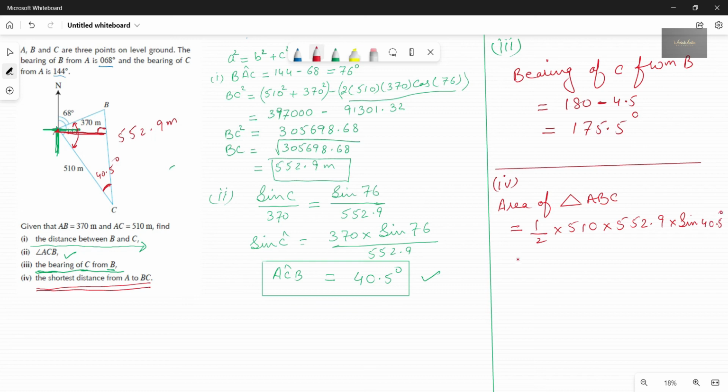Now you will use your calculator to find the final answer. It is 510 multiplied by 552.9 multiplied by sine 40.5 divided by 2.